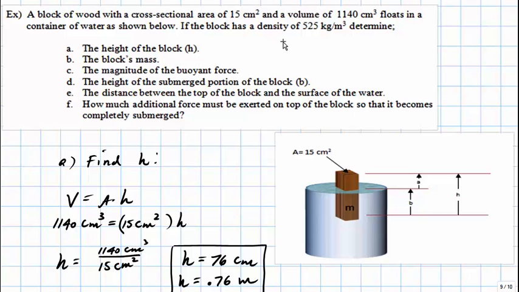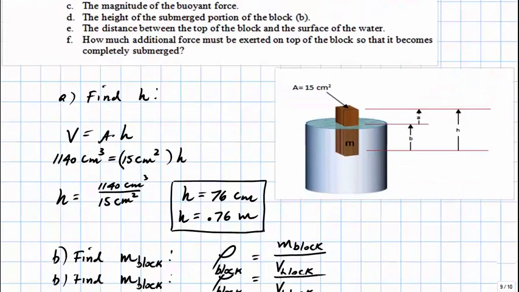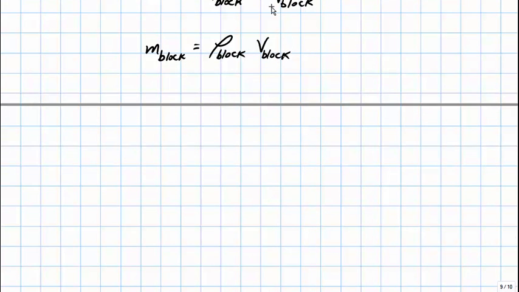Now, the density was given in the proper units, kilograms per cubic meter. However, we can't multiply the density in these units with a cubic centimeter. Therefore, we have to convert the volume from cubic centimeters to cubic meters. So the volume was given as 1,140 centimeters cubed.